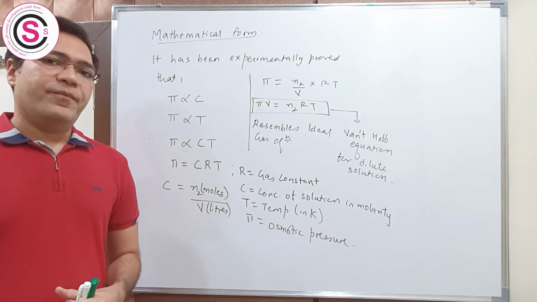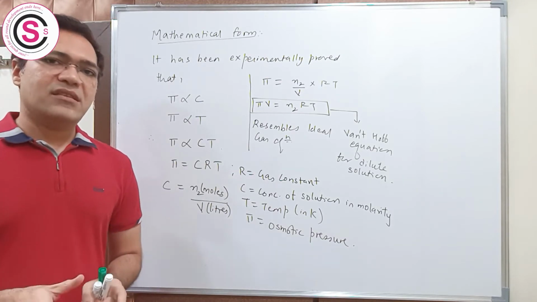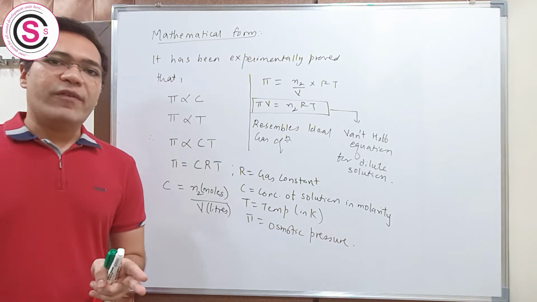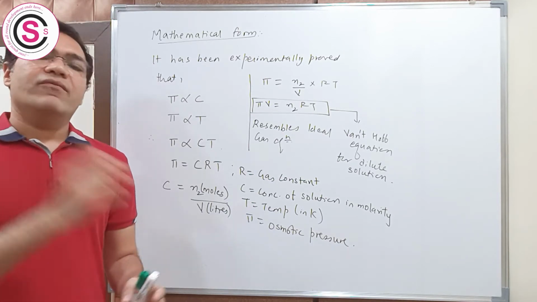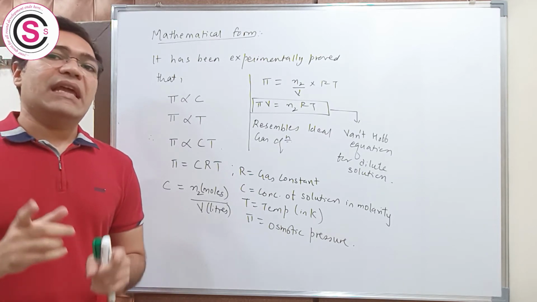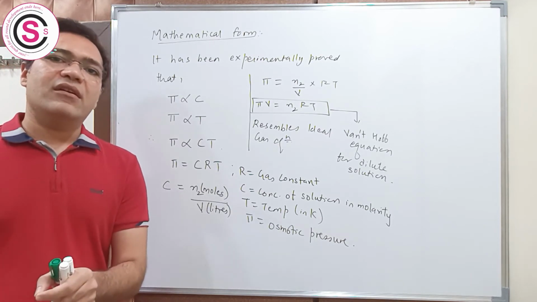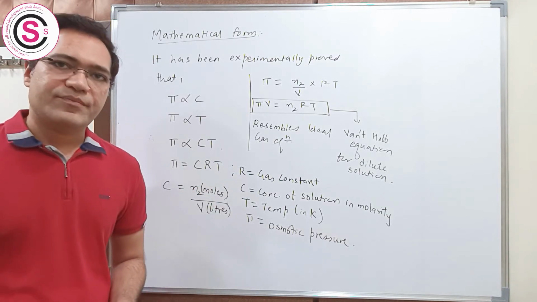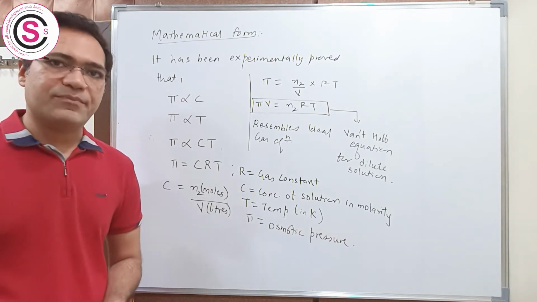So Van 't Hoff is the name of a scientist. He proposed that in dilute solutions, the solvent molecules will collide with the semi-permeable membrane in a way very similar to the gas molecules colliding with the walls of the container, right? That we have studied in gaseous system.